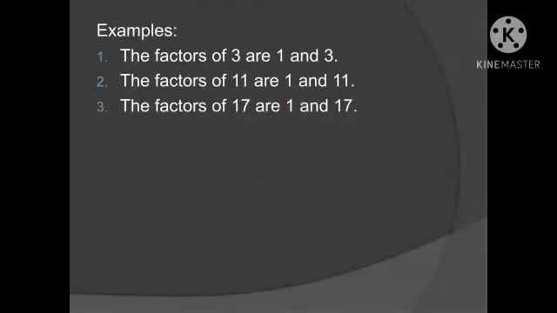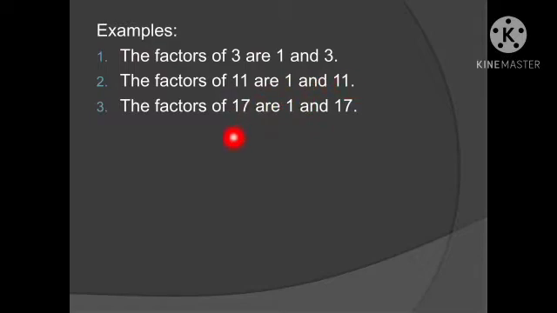Examples for prime numbers. The factors of 3 are 1 and 3. The factors of 11 are 1 and 11. The factors of 17 are 1 and 17. The number 3 has only two factors, that is 1 and the number itself. The number 11 has only two factors, that is 1 and the number itself.